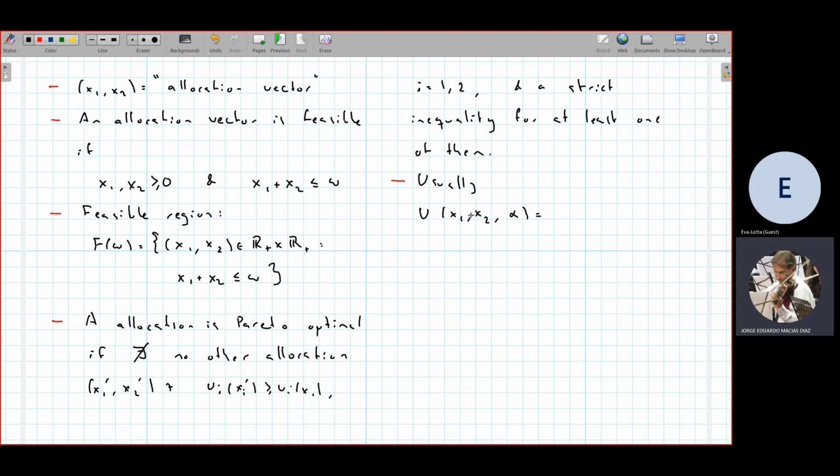The expression of this function is usually of the form alpha times u1 of x1 plus 1 minus alpha times u2 of x2. This new parameter is a number which is between 0 and 1.